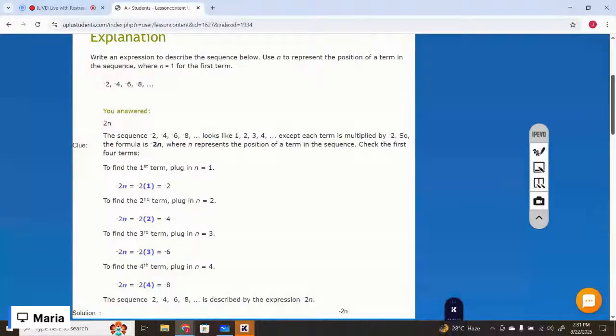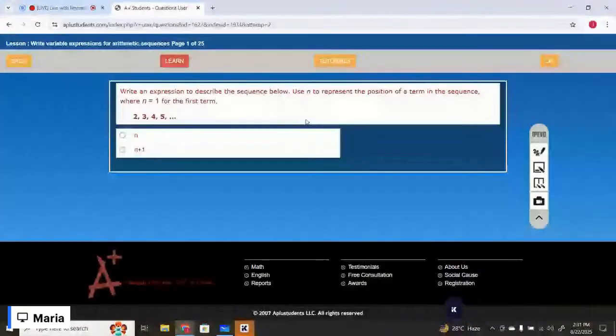Let's just start with the test questions. Write an expression to describe the sequence below.